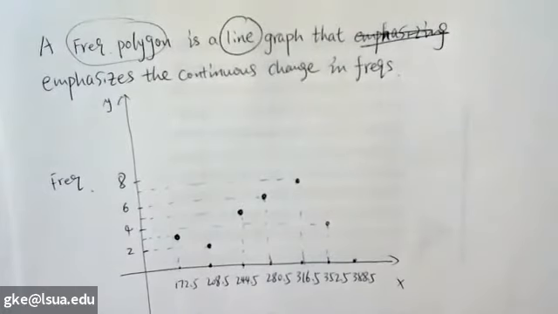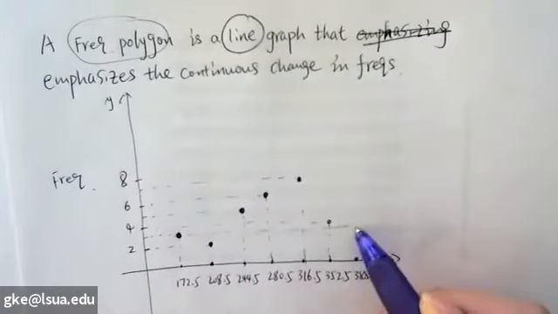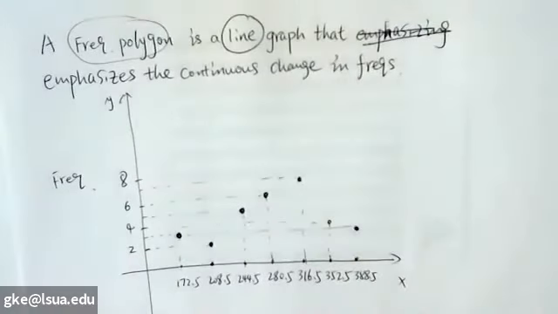And the last one is going to be 3. Okay, we find all the points, so we can connect all the points, all the dots.